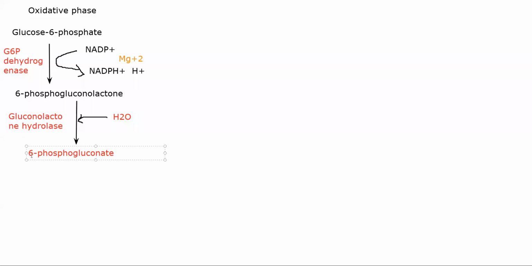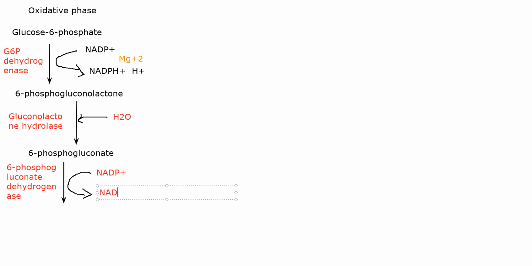To this, I'll oxidize this molecule of 6-phosphogluconate again using NADP plus, in the presence of a dehydrogenase enzyme, and I will reduce NADP plus into NADPH plus H plus.